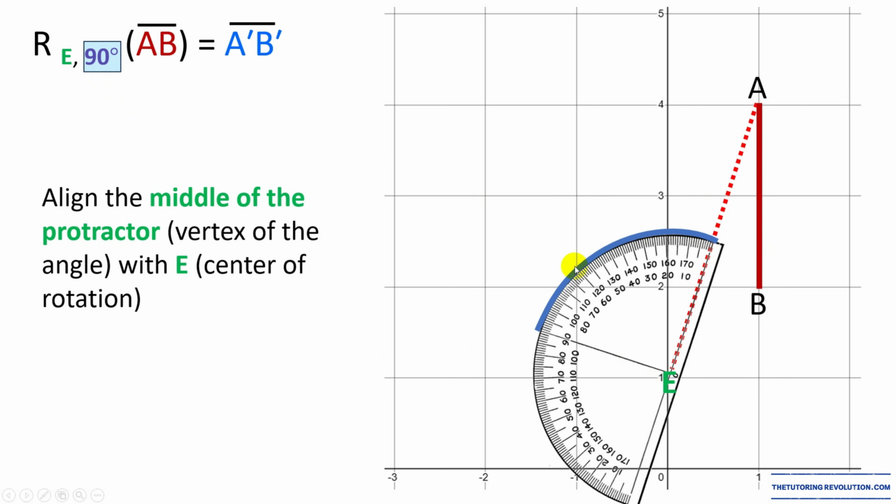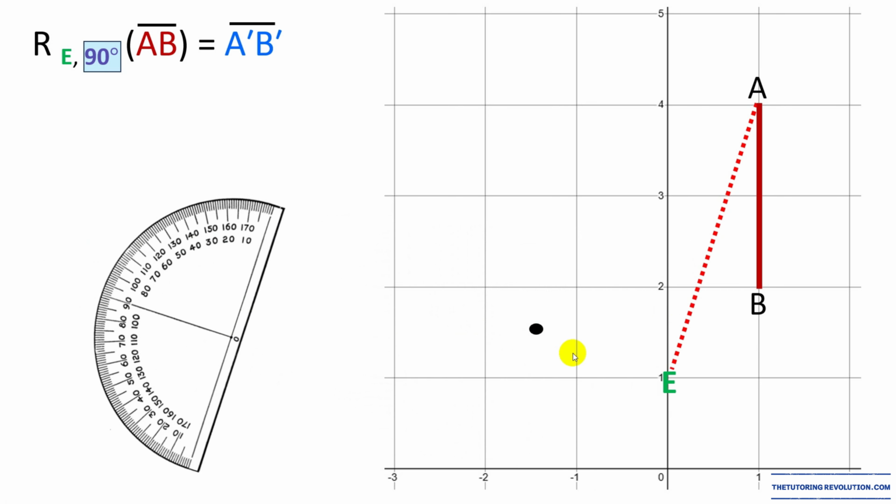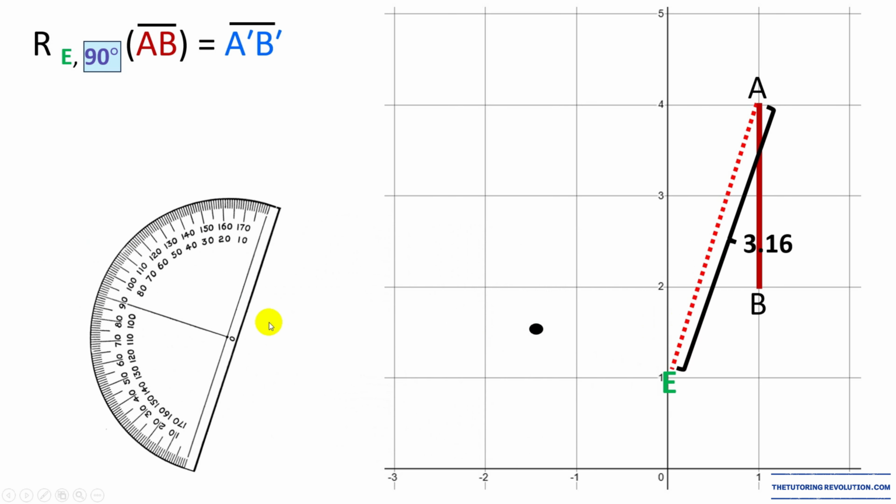We measure from here to here, which is 90 degrees, and label this with a point. We remove the protractor. Now we calculate this distance here, which is 3.16.